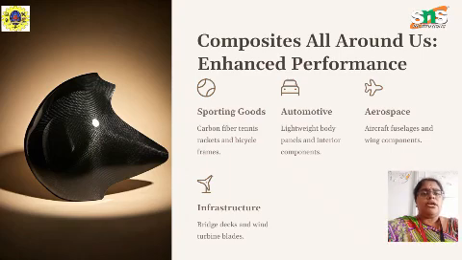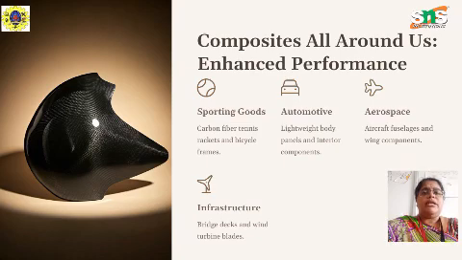Composites are all around us and they give enhanced performance. They are used in sporting goods, automotive, aerospace, and infrastructure. In sporting goods, carbon fiber tennis rackets and bicycle frames are made using composite materials. In automotive, there are lightweight body panels and interior components.